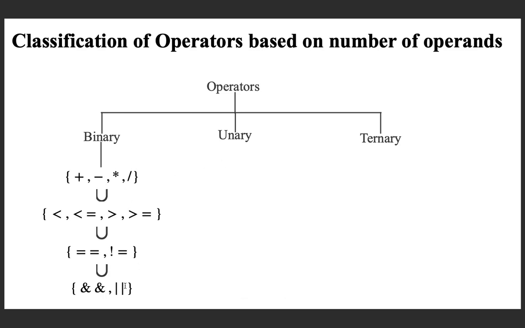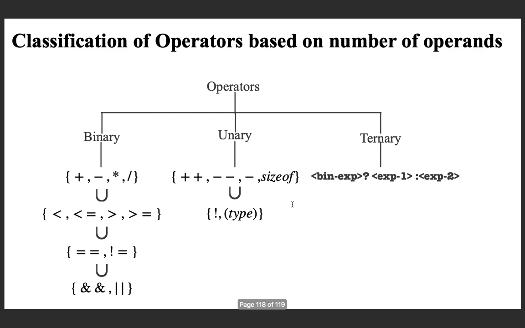These are the binary operators that we discussed: arithmetic, relational, equality and logical. Unary, we have arithmetic, this is logical and this is type conversion. And the ternary operation is what we discussed last.